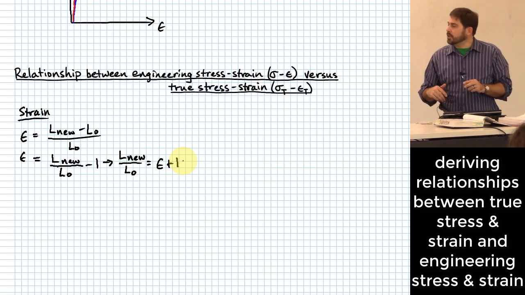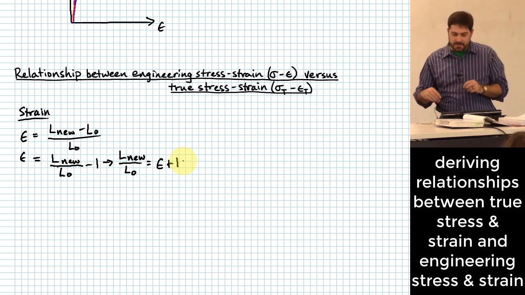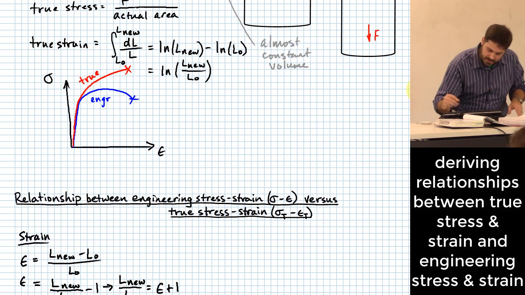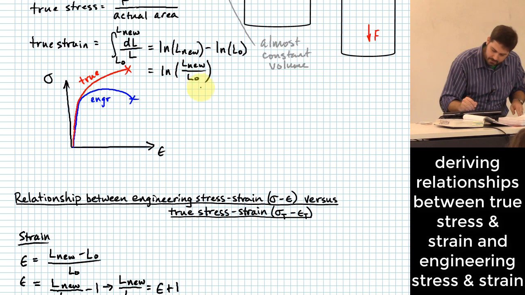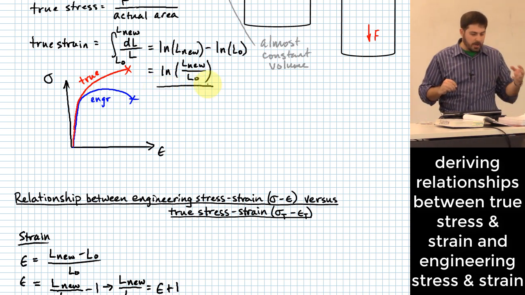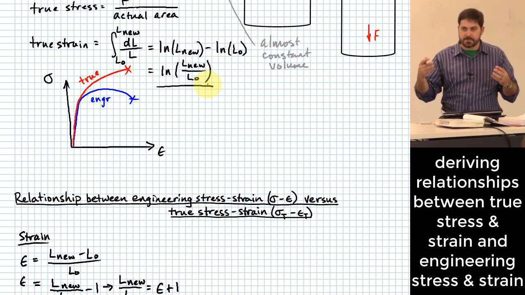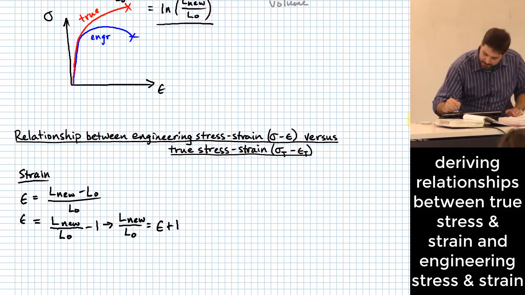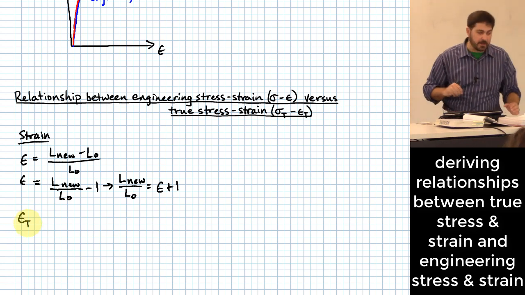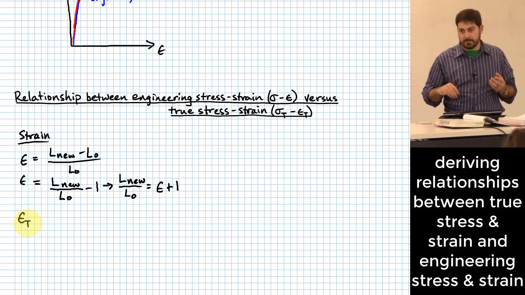Now you might see that this cooperates pretty well with one of the things I said a second ago. What's true strain? It's the natural log of L new over L0. So let me put a subscript t down here, meaning that's the true strain.